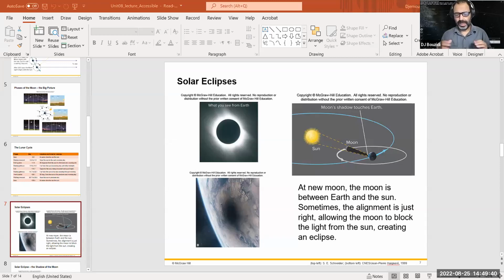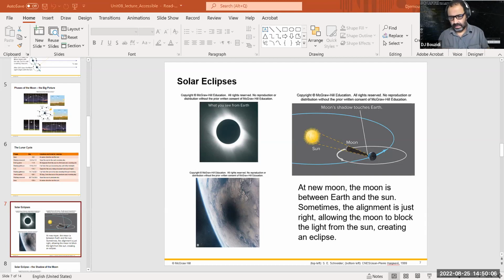So again, my point here is that these two planes are not coplanar. They're not on the same plane. That's why we don't see lunar eclipses and solar eclipses all the time. There is an inclination of 5 degrees, so the moon is moving in this path. Sometimes in the lunar month it's above by 5 degrees, and sometimes it's below by 5 degrees.